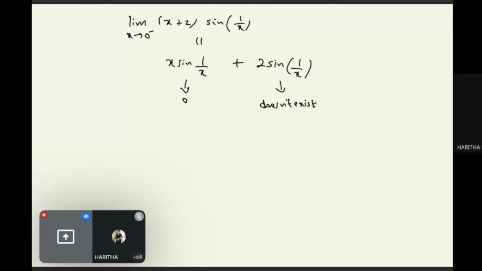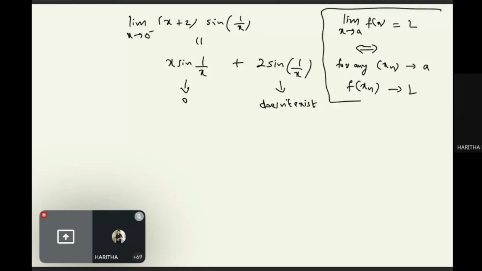because one way to see it is, you know the sequential criterion, right? If limit x tends to a of f(x) equals L, then this is if and only if, for any sequence x_n tending to a, you need f(x_n) to converge to the same limit, the same value.